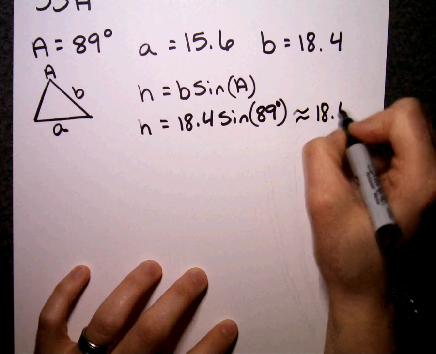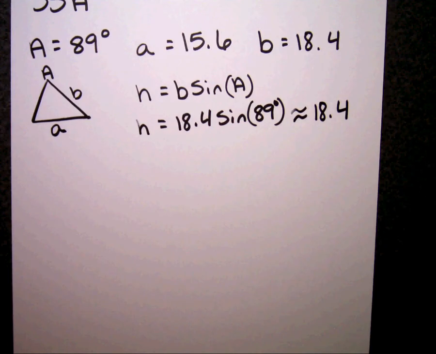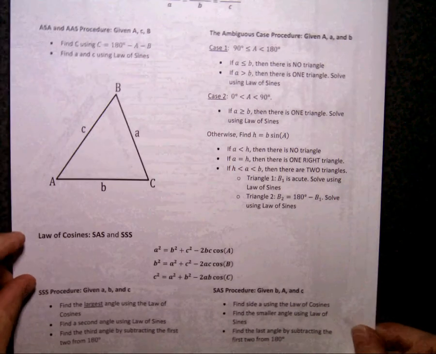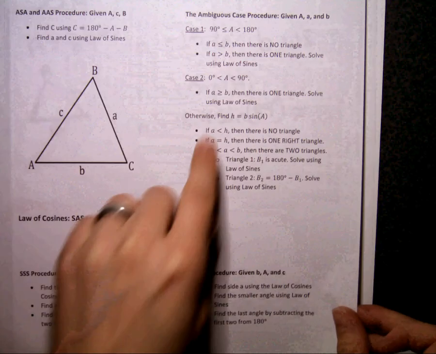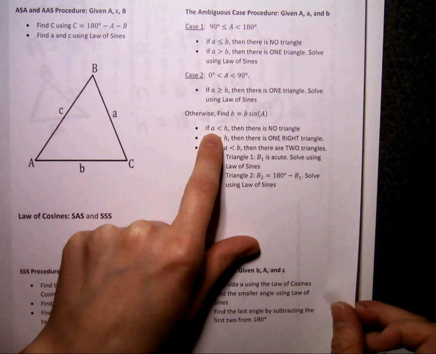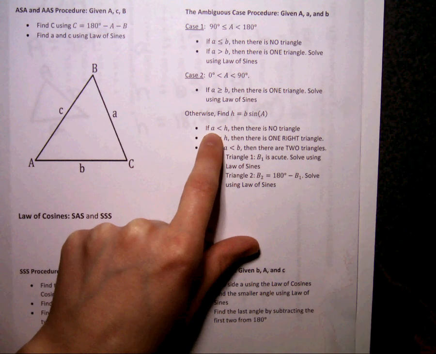Okay, so we need to go through our checklist again and figure out what is going on. So we found our H value. The first thing to compare once we find H is that the given side that corresponds to the angle is less than H. So let's see. Is A less than H? And in this case, A is less than H. Right?